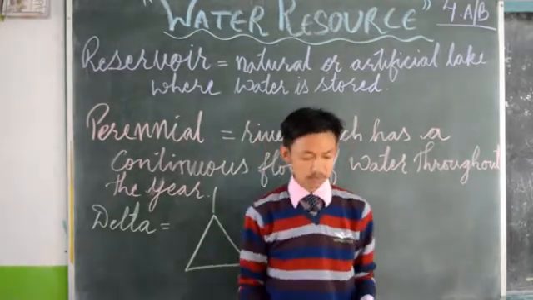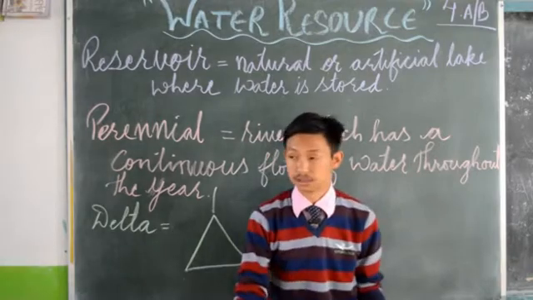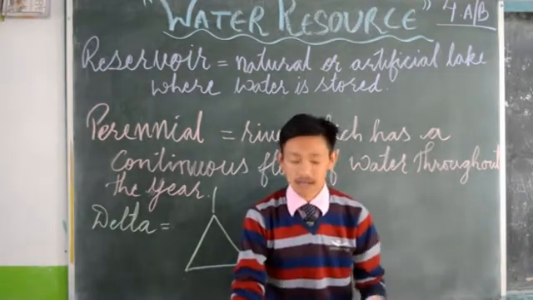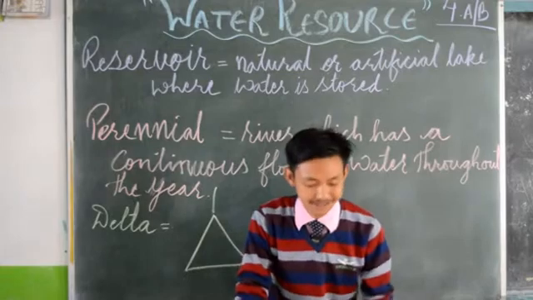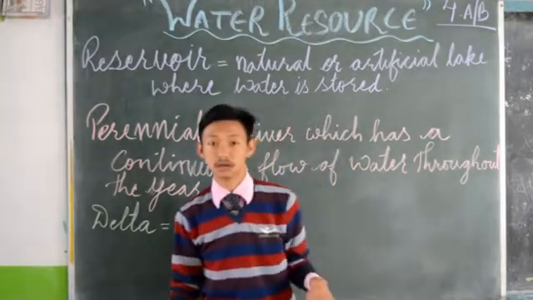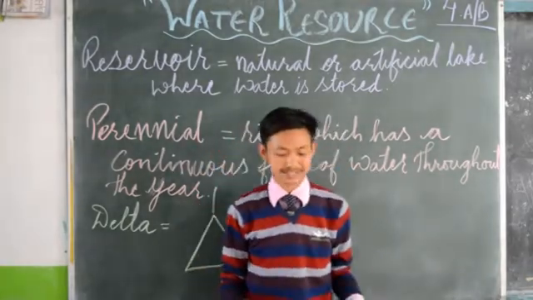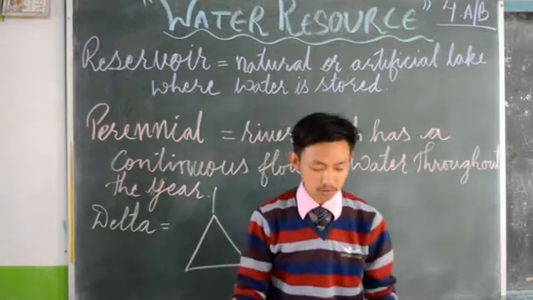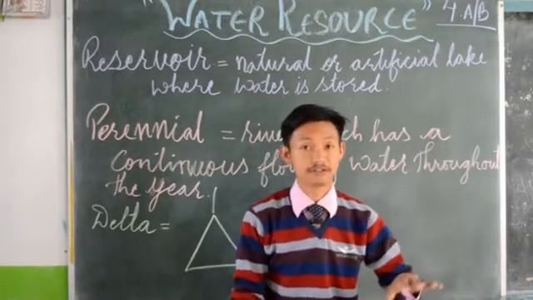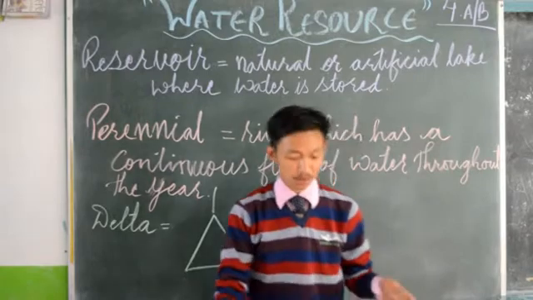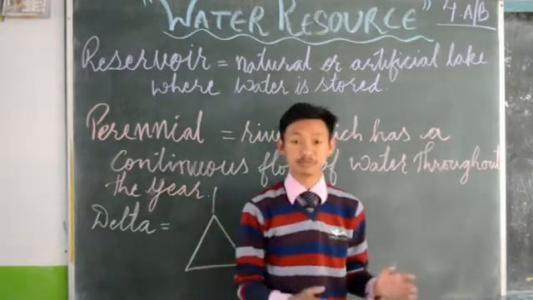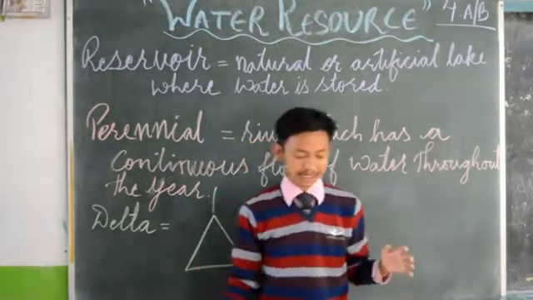Now, next is groundwater. Wells are deep holes dug into the ground from where groundwater is taken out. Groundwater can be used for irrigation and for drinking purposes. Wells are usually 5 to 15 meters deep.